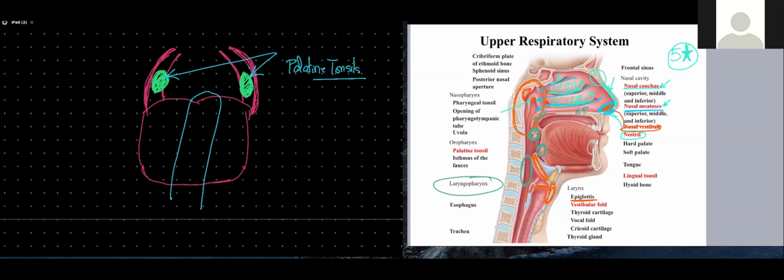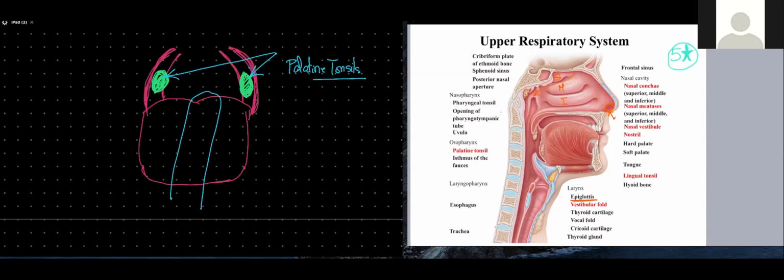So looking again at the most important structures that we need to identify in the upper respiratory system. So we've got first my nasal nostril, nasal vestibule, my superior, middle, and inferior nasal concha.